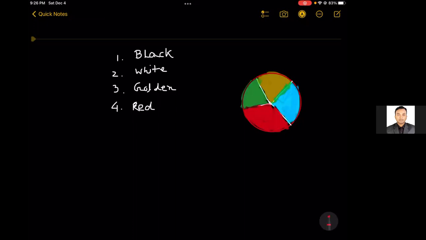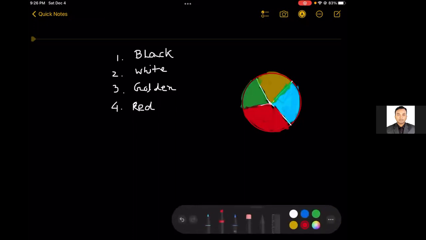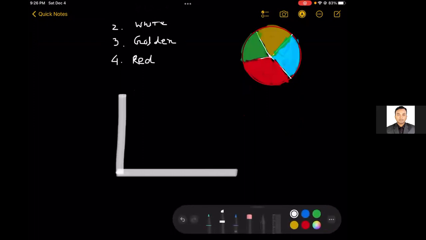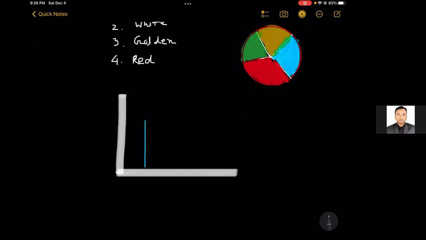We can also use a bar graph, for example, like this. Let's say I can say this is red, this is black, depending on the number of students we have, right?